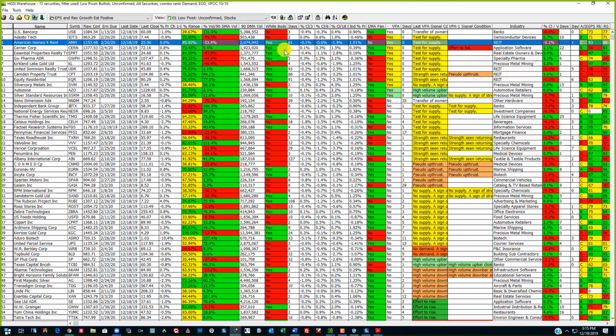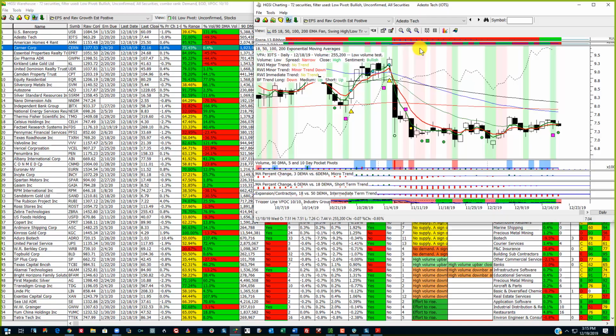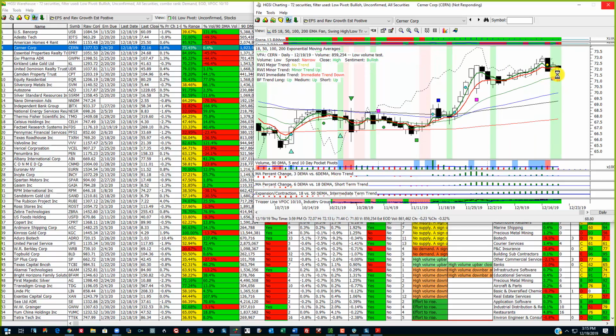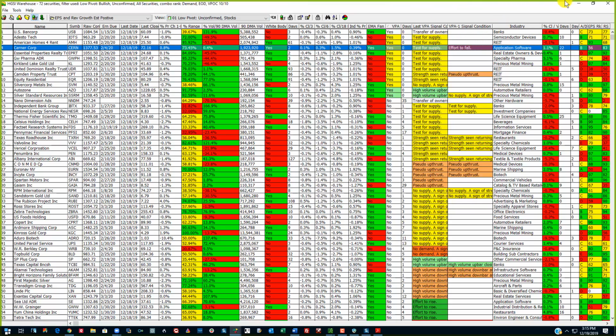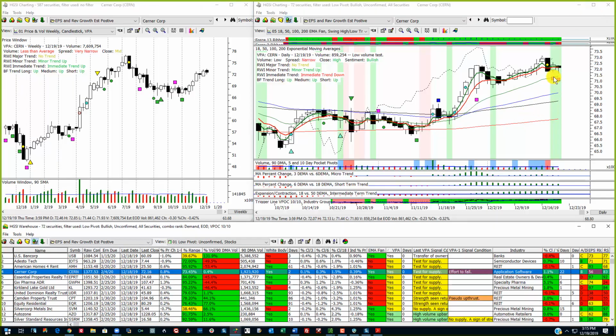Let's see if I can find another. I'll just run through another test for supply. See if I can find one that worked out here. Here's another one that did not execute yet. Let me move this out of the way. Here's your test for supply yesterday. Here's another one today. Traded down. Notice the new wick.